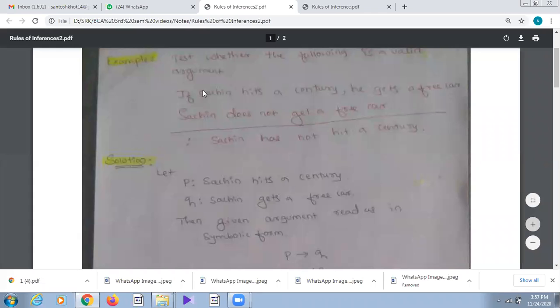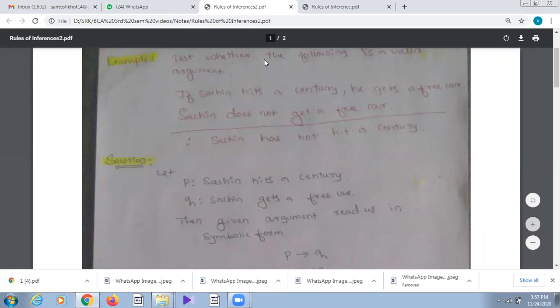If Sachin hits a century, he gets a free car. This is the first premise. The second premise: Sachin does not get a free car. And therefore, the conclusion: Sachin has not hit a century. Before solving this problem, we have to identify the primary statements.